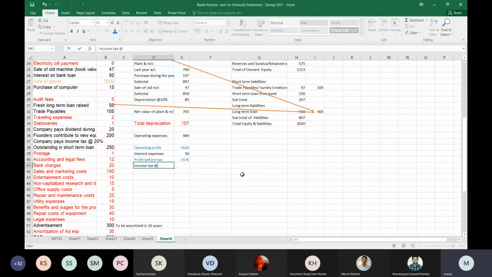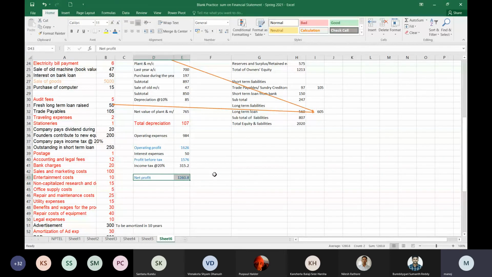Income tax at the rate of 20% is equal to this multiplied by 0.2, is this 315.2. So net profit is equal to profit before tax minus income tax is equal to 1260 rupees 80 paisa. This is net profit. So we have come up to here.